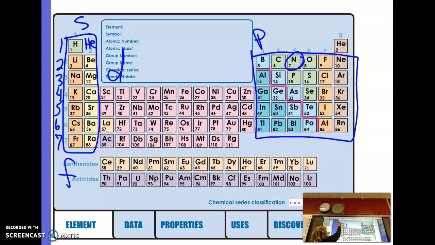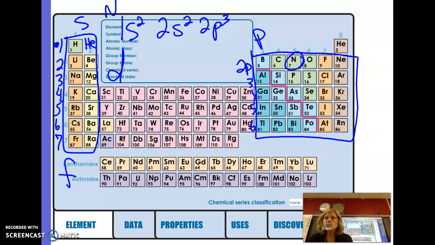We always start over here with 1s. So for nitrogen, 1s2, 2s2. Then I go across to 2p, so this is my 2p, 1, 2, 3.